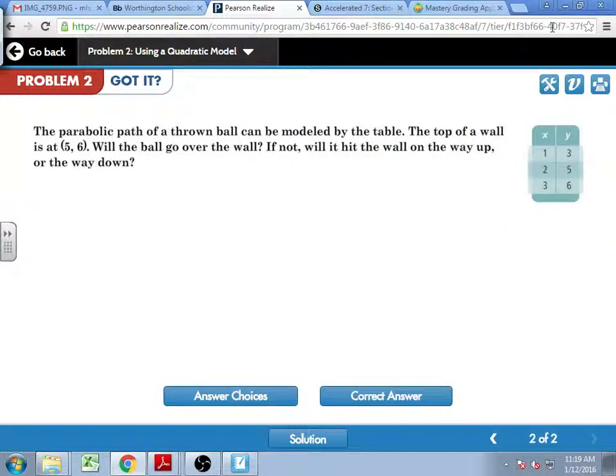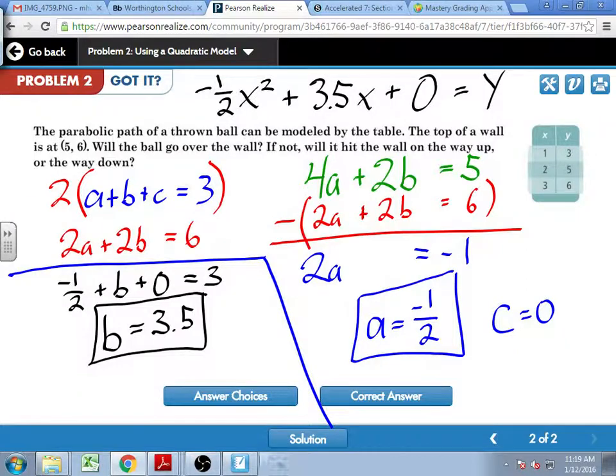We're still not done. Now I gotta figure out, you have to substitute stuff. But if we're trying to figure out if the ball goes over the wall, how do I do this? So do I want to sub in the whole 0.56? Steph? Yeah.